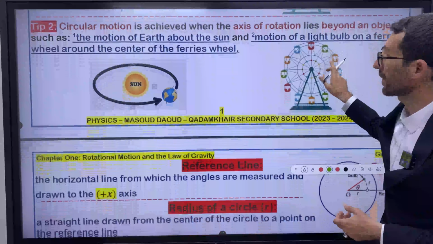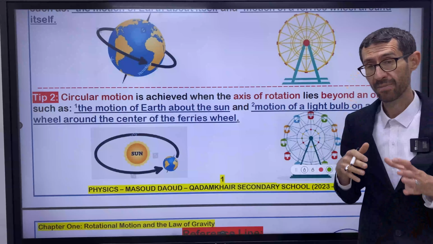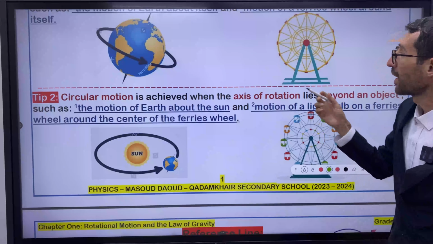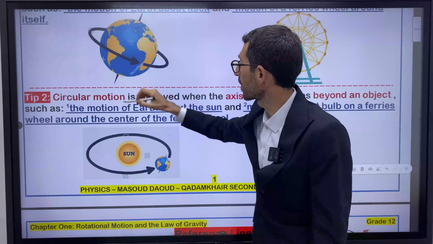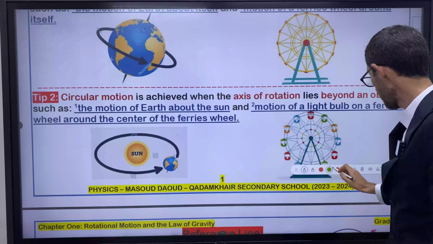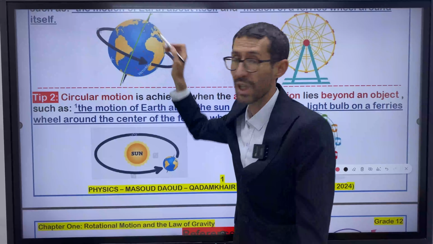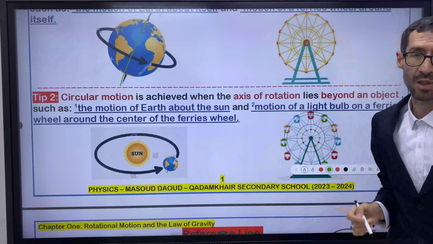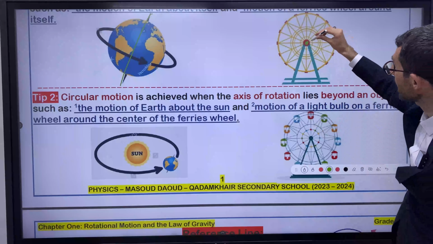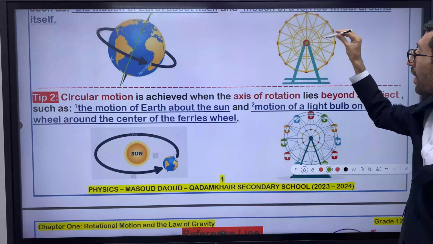Let me compare between these types of motion. Here, the axis of rotation is located within the object, right? That's why it's rotational. It passes through the center like this. It's perpendicular to the center of the Ferris wheel.